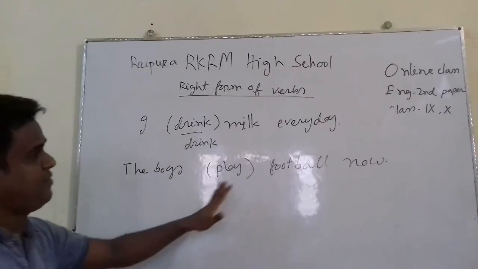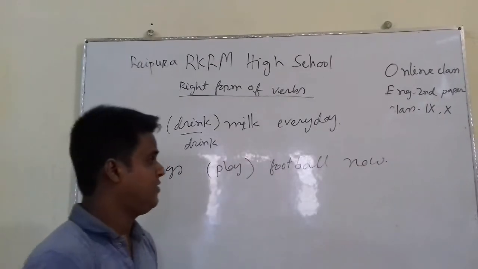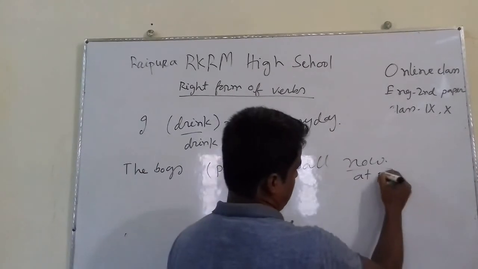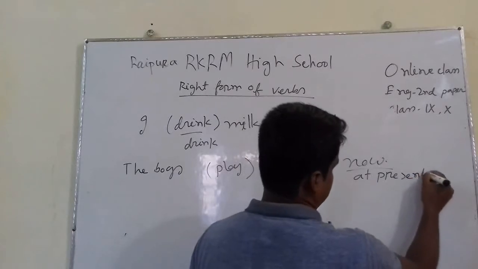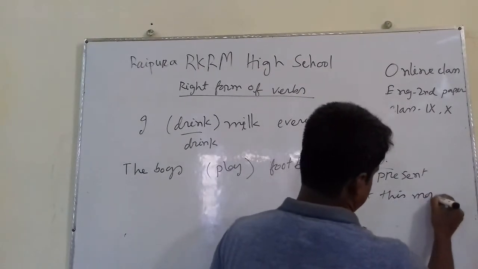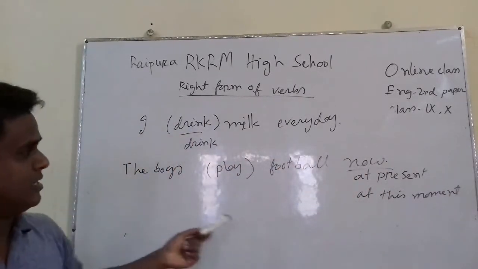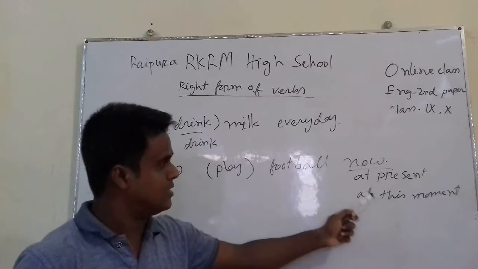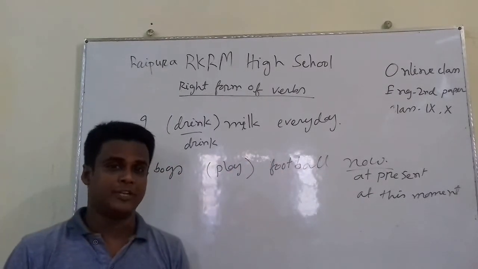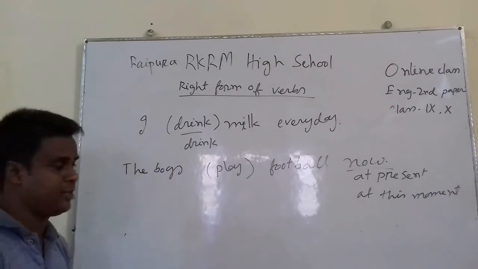The boys play football now. Okay. The rule here is, if there is now, at present, at this moment in any sentence, then we will use present continuous tense. So now we will complete the sentence using present continuous tense.